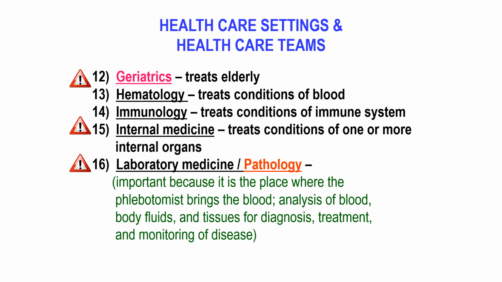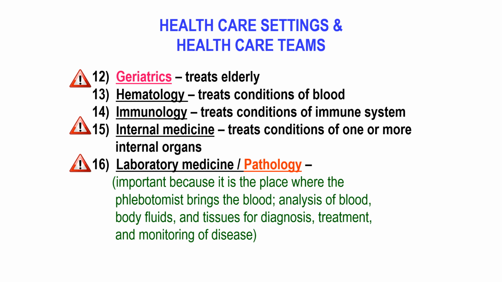We have hematology. These people treat conditions of the blood. Immunology treats conditions of your immune system. Internal medicine treats conditions of one or more of your internal organs. You know, you might start out going to a general physician, right? You don't have a lot of diagnoses, you're relatively healthy.